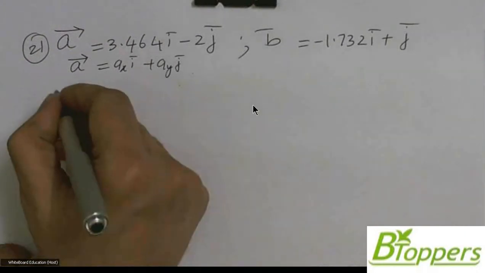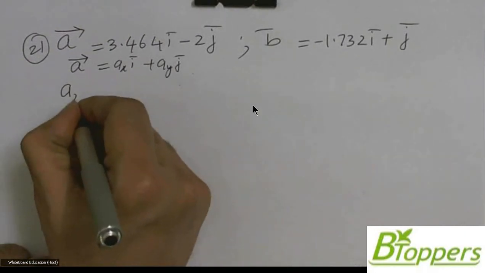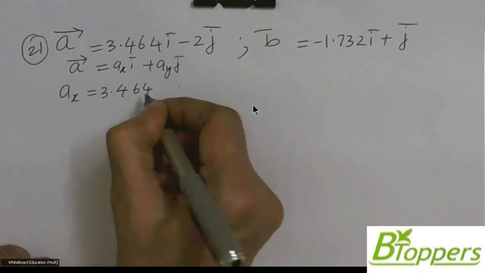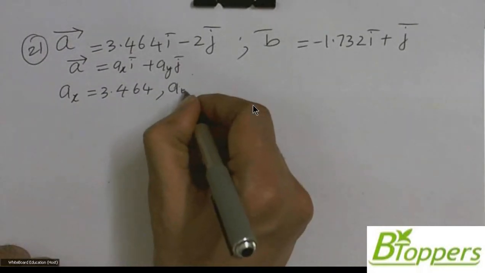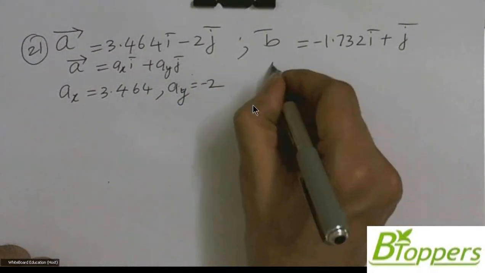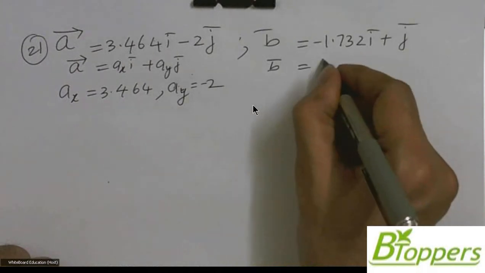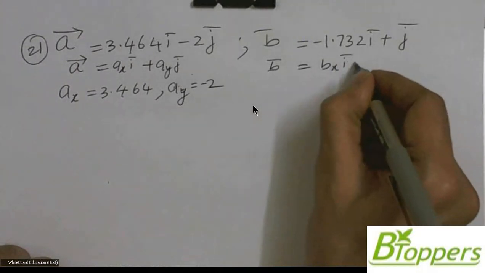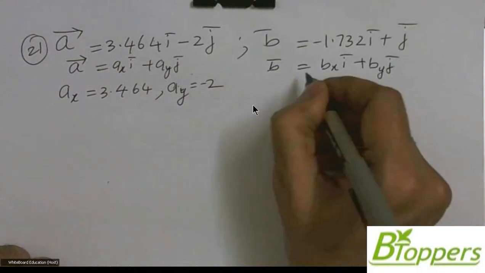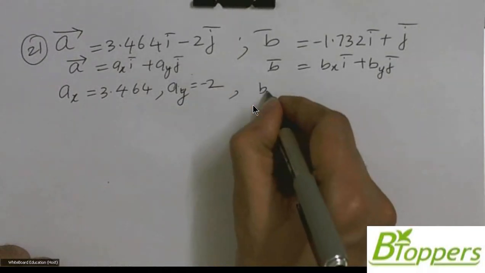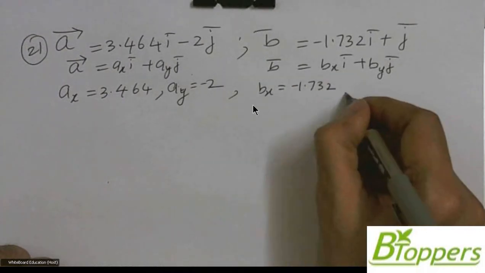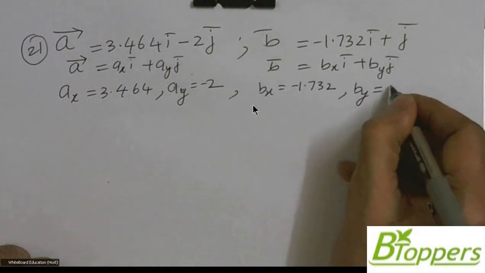So you get AX equal to 3.464, AY equal to minus 2. Similarly, you can compare the vector B bar with the standard form B bar equal to BX I bar plus BY J bar. So you get BX equal to minus 1.732, BY equal to 1.